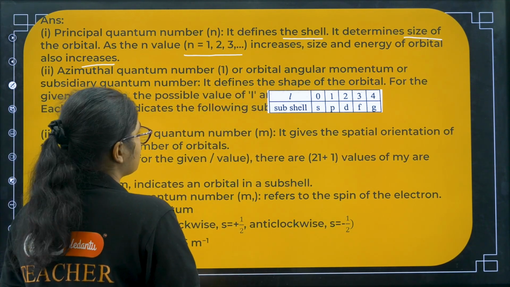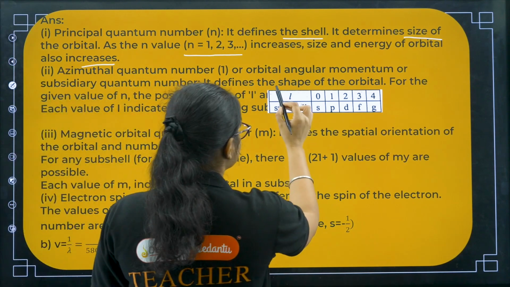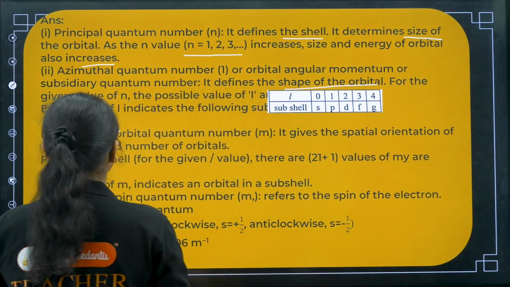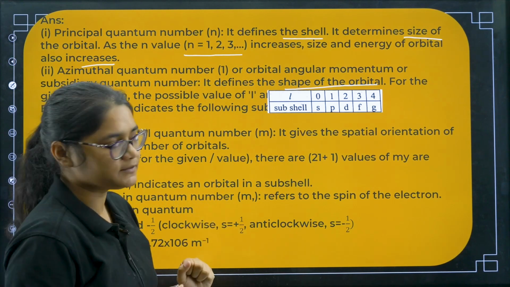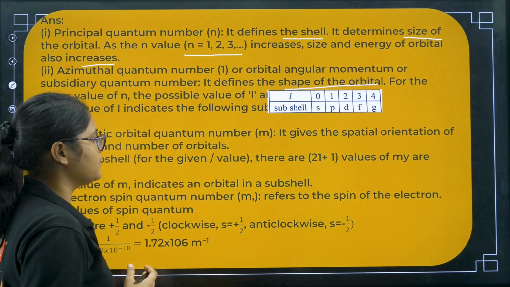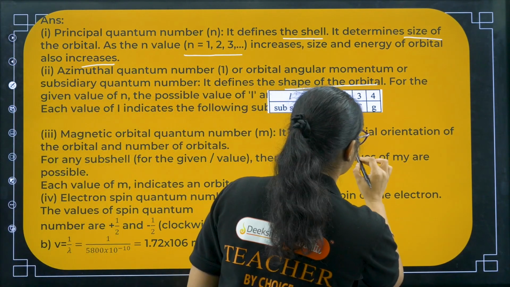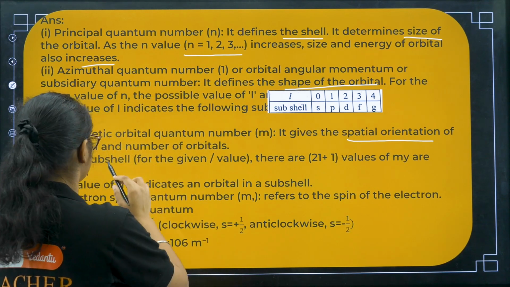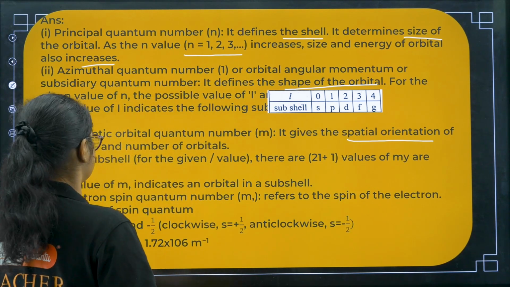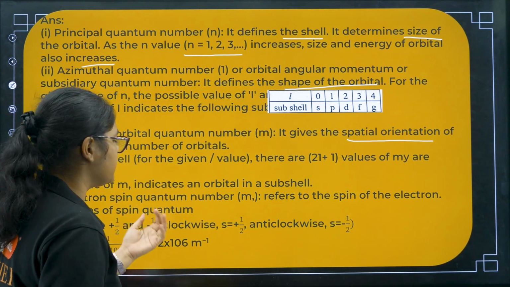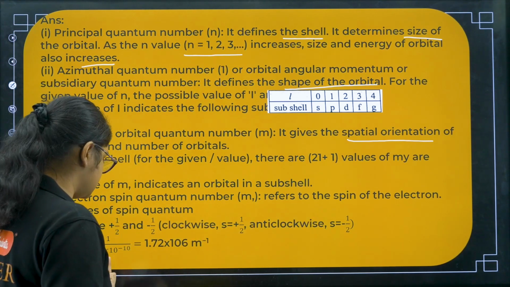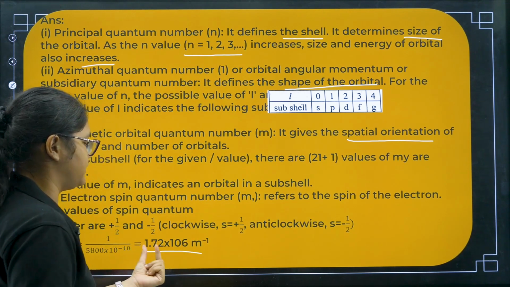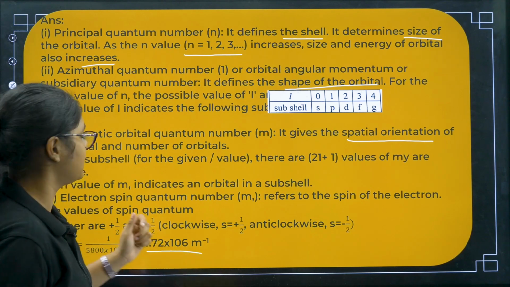Next, azimuthal quantum number defines the shape of the orbital, and its value changes from 0 to n minus 1. Now coming to magnetic quantum number, it tells you about the spatial orientation of the orbital and the number of orbitals present. Okay. Now spin quantum number refers to the spin of the electron. Now for this question, the answer will be 1.72 into 10 to the power of 6 meter inverse.